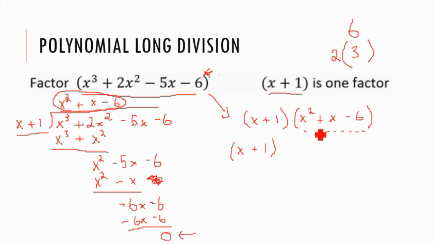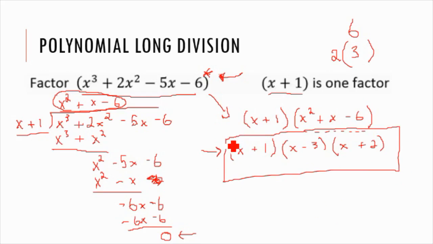But this is a quadratic trinomial, so we can look at it and say what multiplies to negative 6 but adds to 1. x minus 3 and x plus 2. Now this cubic polynomial is factored into its 3 factors: x plus 1, x minus 3, and x plus 2. And that would be your fully factored polynomial.